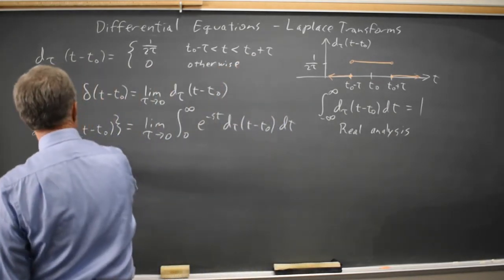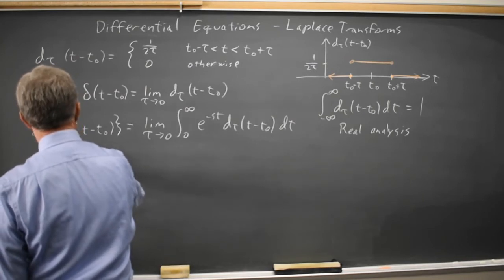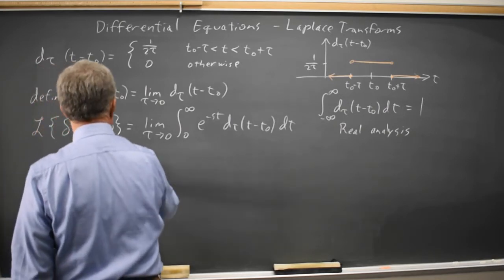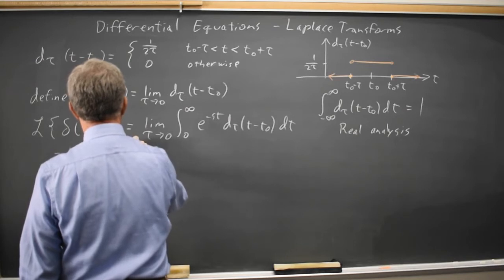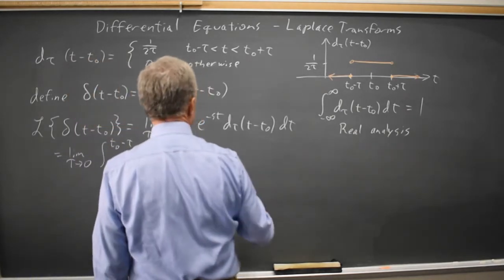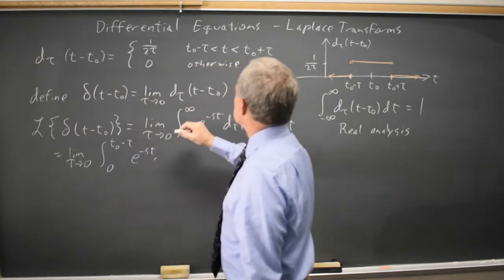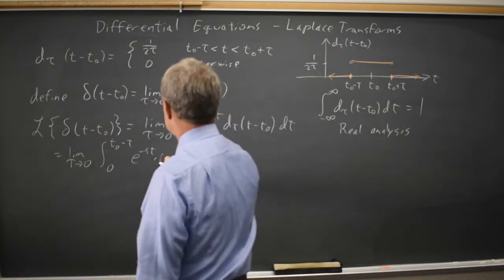And writing this piecewise, that is the limit as tau goes to 0 of the integral from 0 to t0 minus tau of e to the negative st. In that interval, d tau is 0.